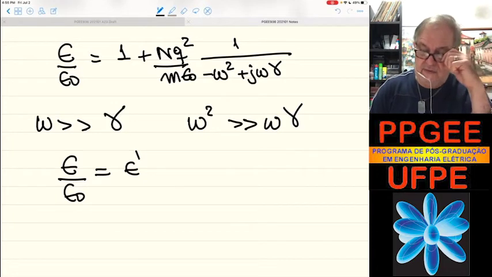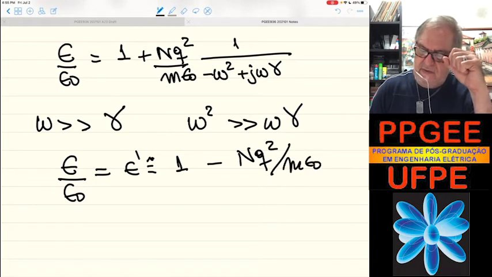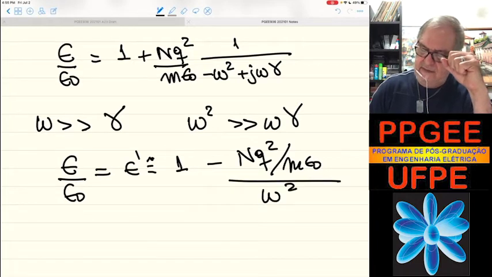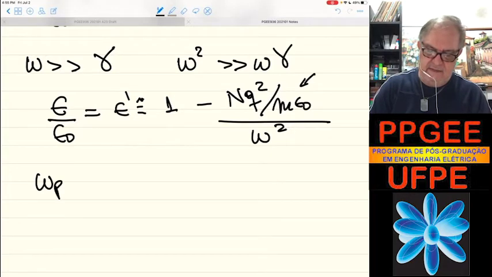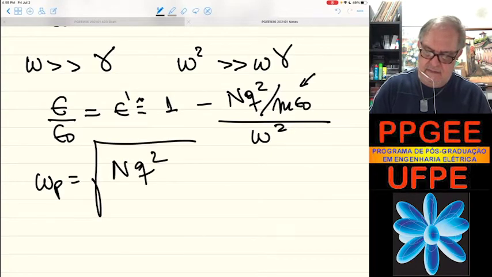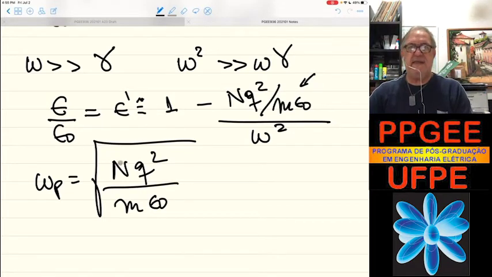It's going to be real, which equals 1 minus nq square divided by m epsilon 0 omega square. This is the plasma frequency. Again, here n is the electron density because we are talking about free electrons only.